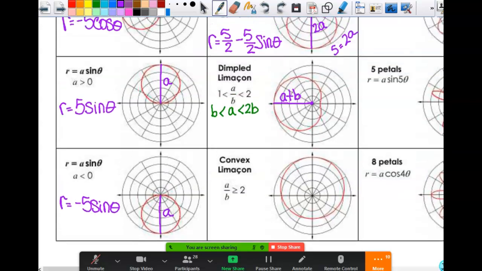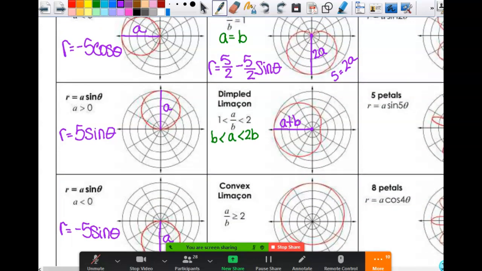If you notice the difference between a cardioid and a dimpled limaçon, the cardioid has a point at the pole. When this point starts to pull away from the pole, it turns into a dimpled limaçon. So now we have a space here. This space here is A minus B. So you add them to get the big part, you subtract them to get the little part.